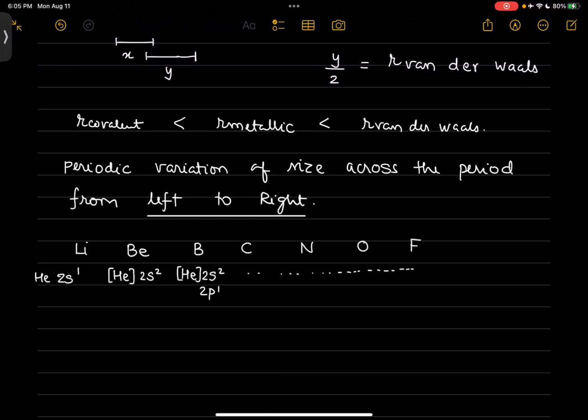No. In the second shell only they are adding. 2s2, 2p1, 2s2, 2p2. The second shell only they are adding. It is not the third shell because we are still in the second period. So if you are in the second period, electrons will be added to the same second shell.